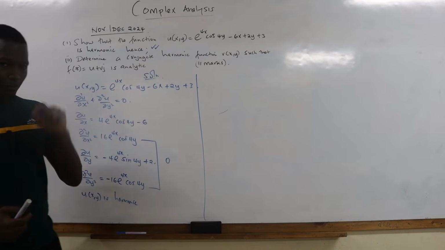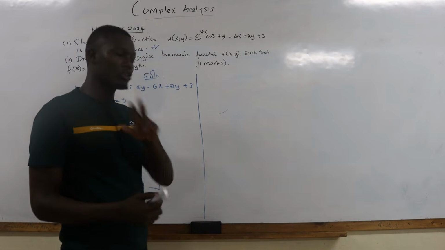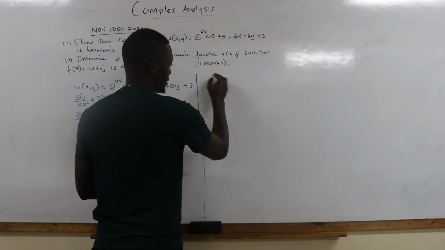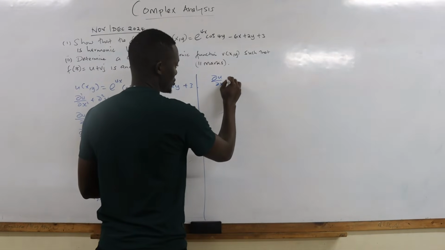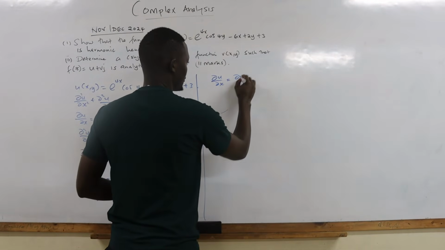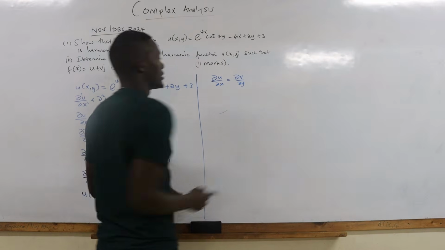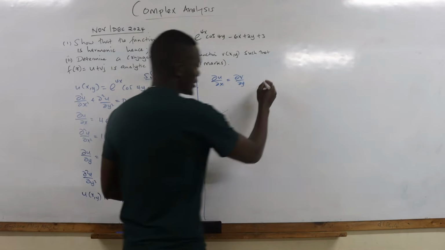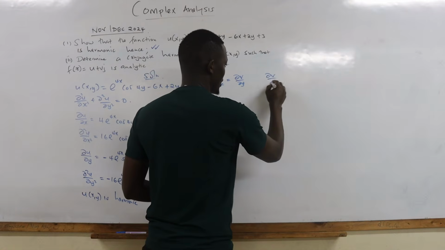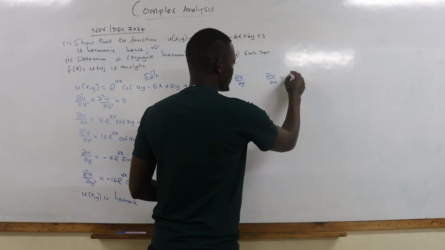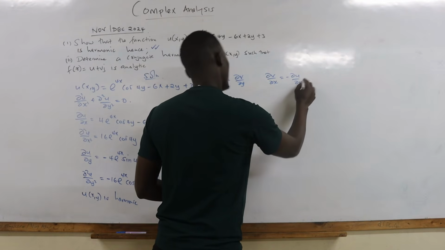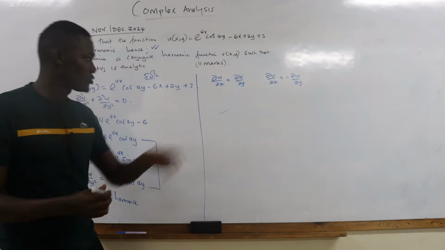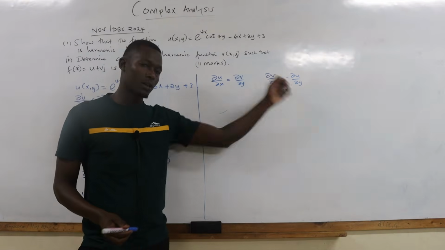Now, for functions to be analytic, two conditions have to be met. The derivative du/dx should be the same as dv/dy. That's the first part. The second one is dv/dx should be the same as negative du/dy. So these two conditions have to be met.